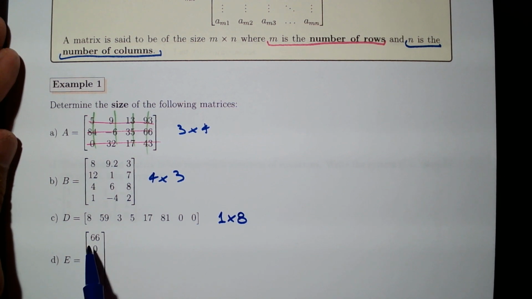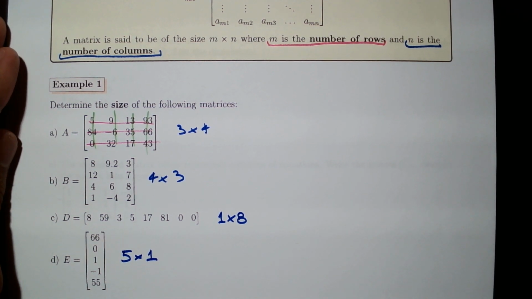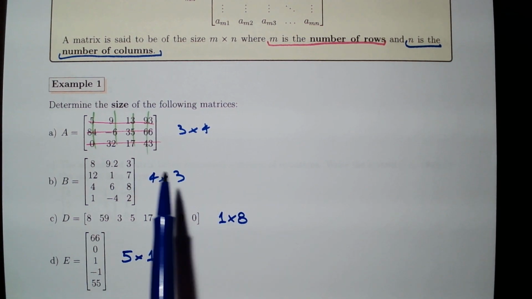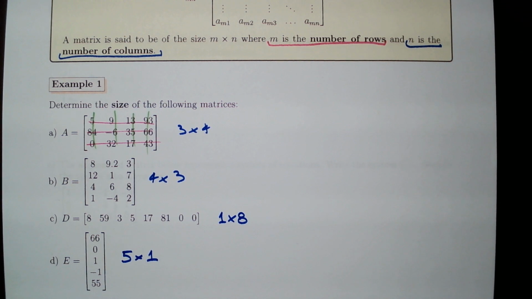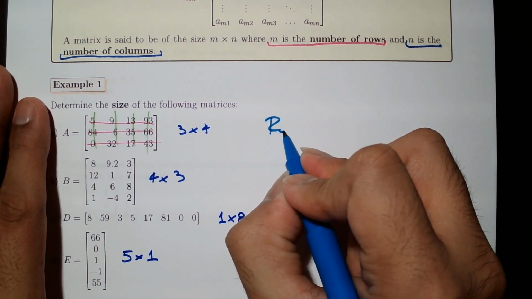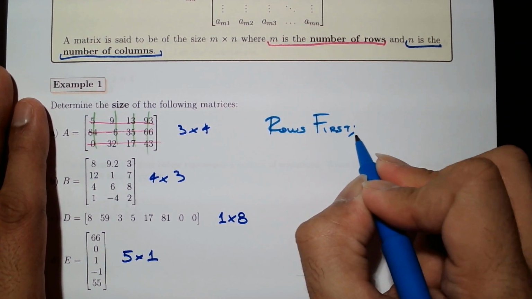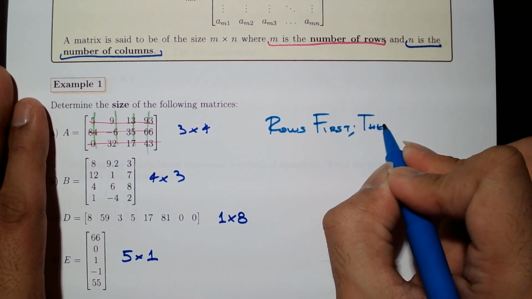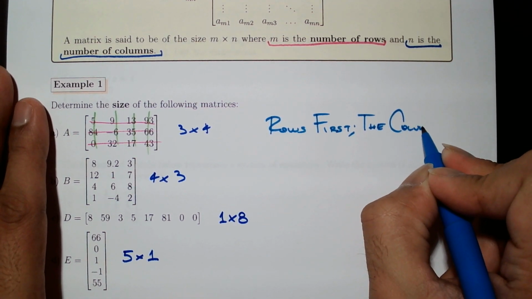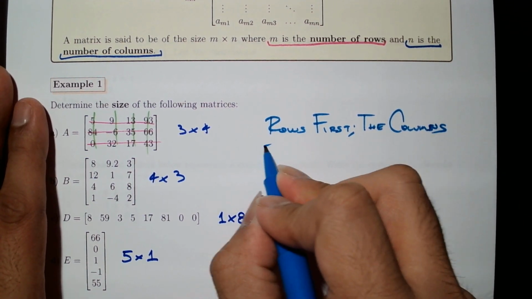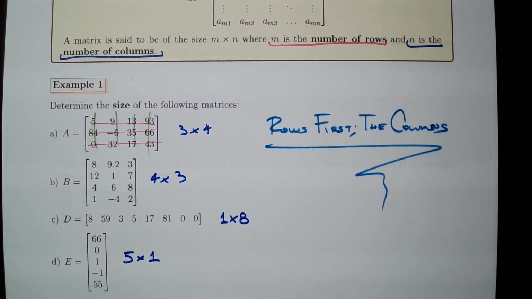Letter E has 1, 2, 3, 4, 5 rows, but only one column. So again, order is going to matter. Rows first and then columns. That's the key here.